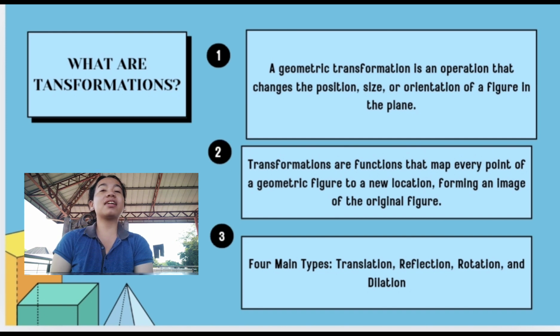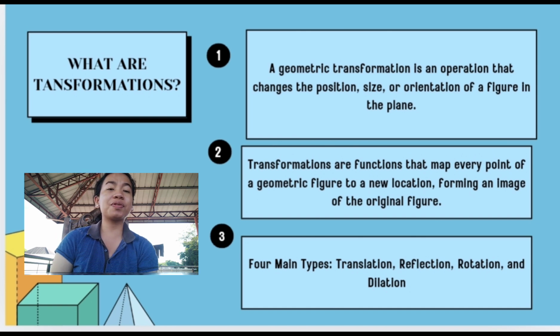A geometric transformation is an operation that changes the position, size, or orientation of a figure in the plane. So basically, it is something that changes from the original position of a figure on a plane. Another definition: transformations are functions that map every point of a geometric figure to a new location, forming an image of the original figure.